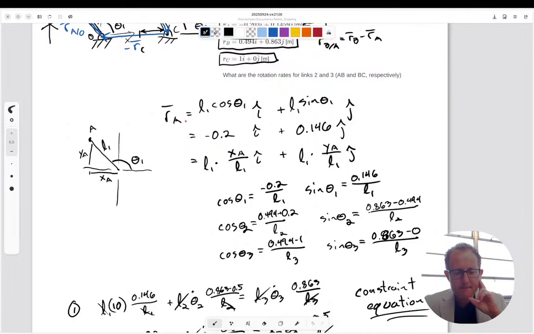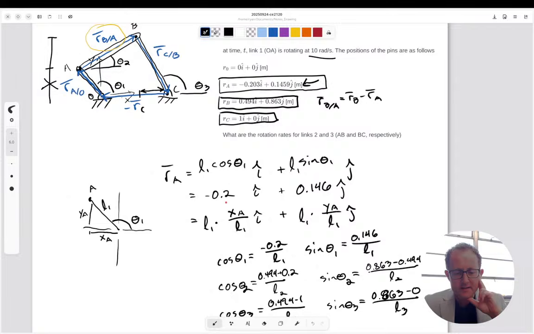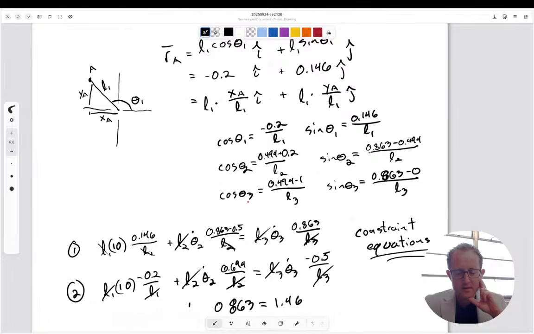Let's see. So RA, let's go through this RA. This is negative 0.2. So cosine is negative 0.2 over L1. Sine is 0.146 over L1. And that's what I have here. Times 10 radians per second.